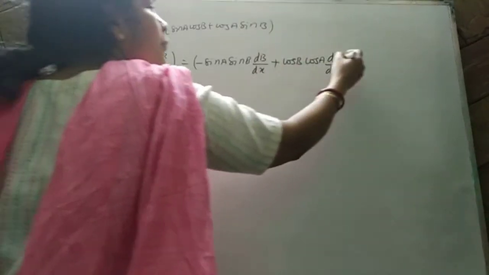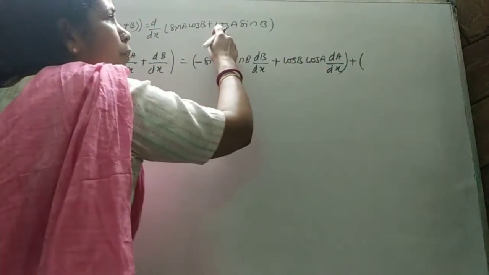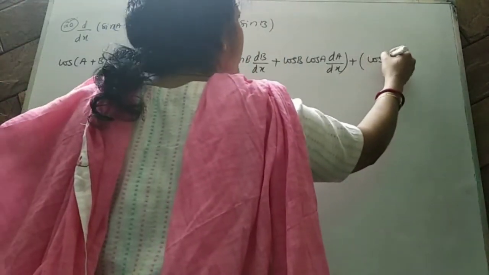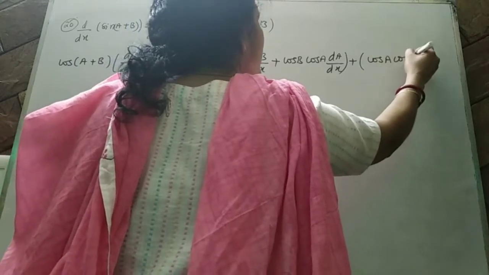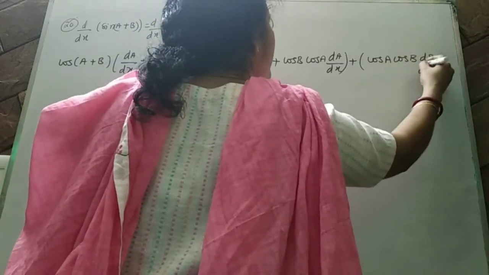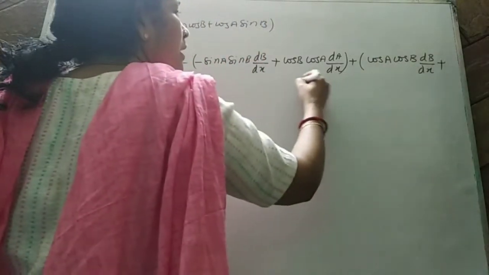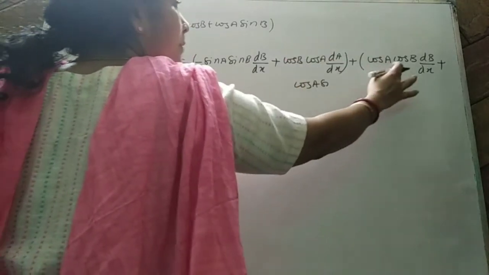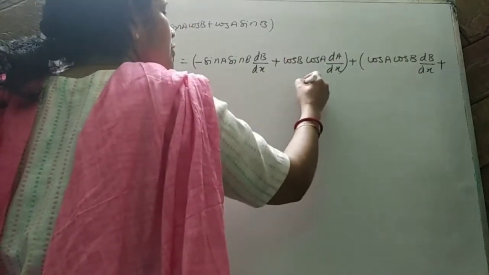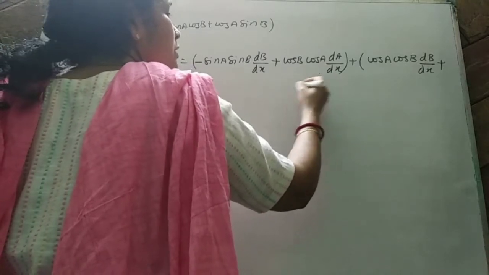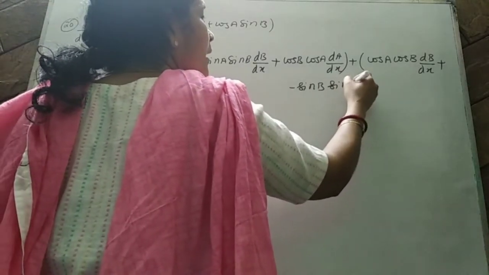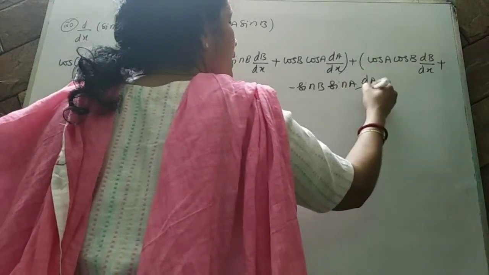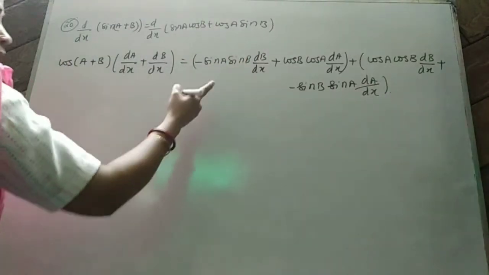Now same thing here, product rule. If I use the product rule here, cos a constant, sin b differentiation is cos b into dB by dx, and then plus, I kept sin b constant, and cos a differentiation is minus sin a into dA by dx. Now listen better.